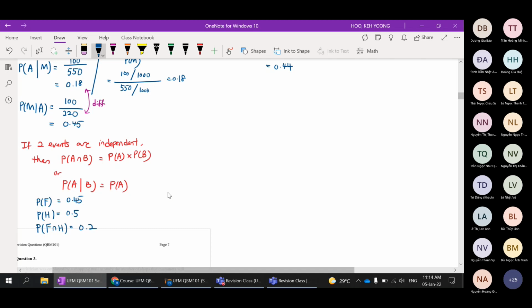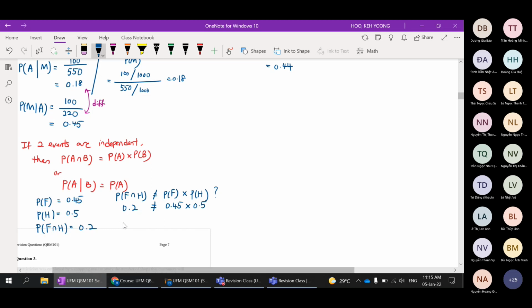Then you check, using the first method, is F intersect with H equal to F times H or not? So is 0.2 equal to 0.45 times 0.5? They are not equal, right? If you press your calculator, they are not equal.